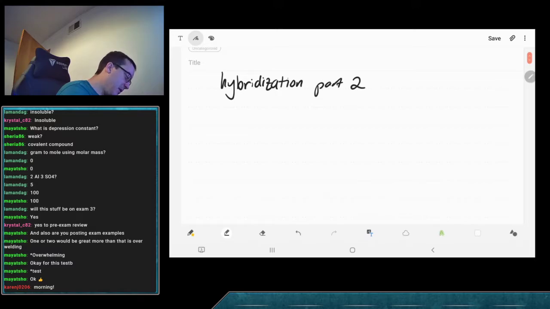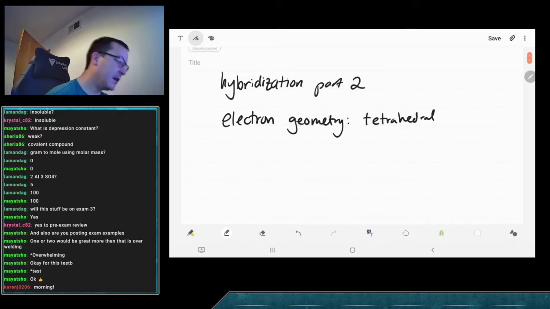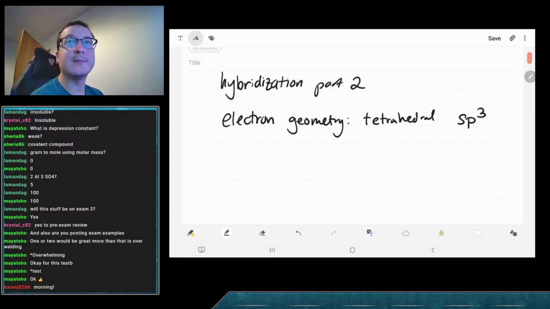We can base our hybridization on electron geometry. If you have a tetrahedral electron geometry, you're going to have sp3 hybrid orbitals.